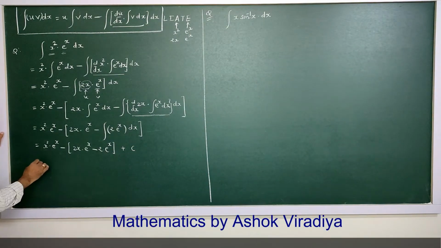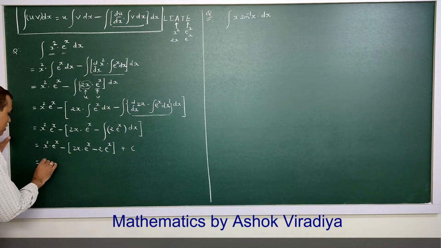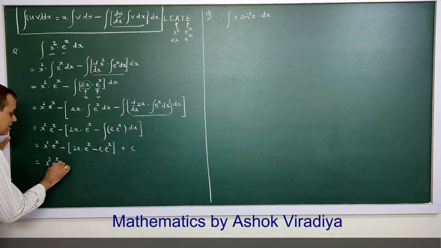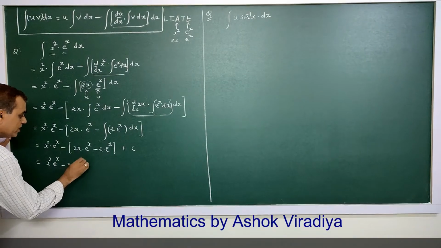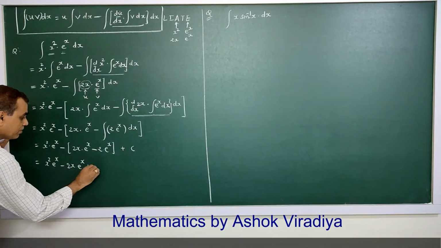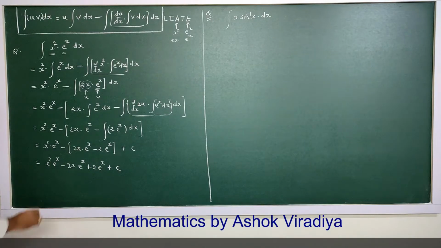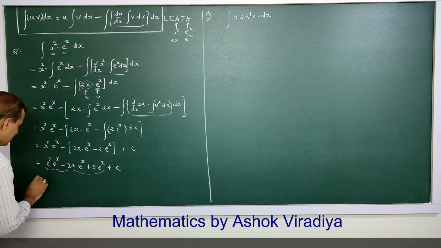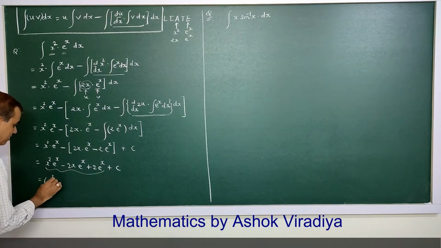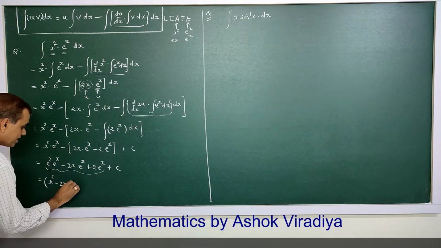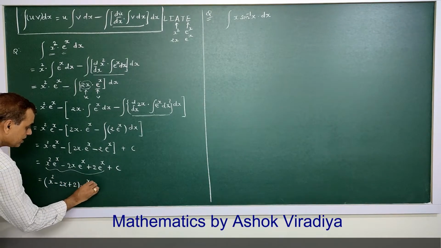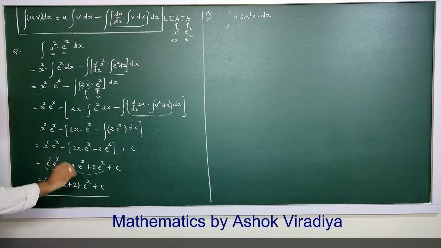So it is equal to x square into e raised to x minus 2x into e raised to x plus 2 into e raised to x plus c. Now from these terms, taking e raised to x common: x square minus 2x plus 2 into e raised to x plus c.